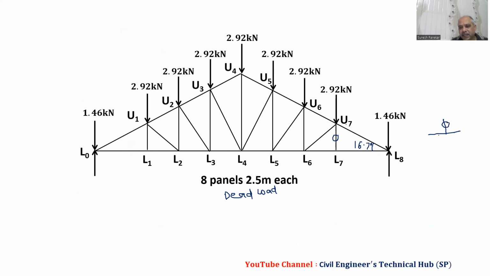We are interested in U7L8 and L7L8. Now we will consider joint L8, and for that we should know the reaction. The reaction is the total load divided by 2, so it comes 11.68 kilonewtons.